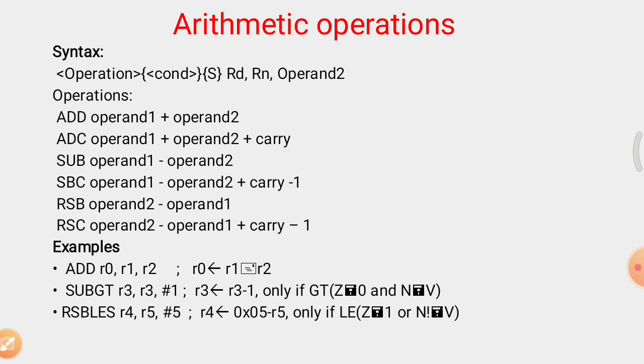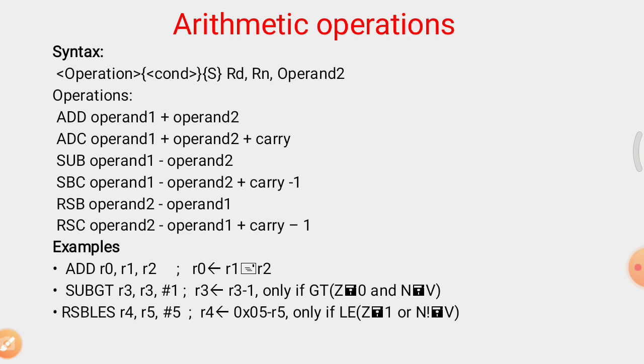So this instruction is going to be executed only if the greater than condition is met, that is Z should be 0 and N should be equal to V. For the GT condition code, the condition is written in the previous slide.